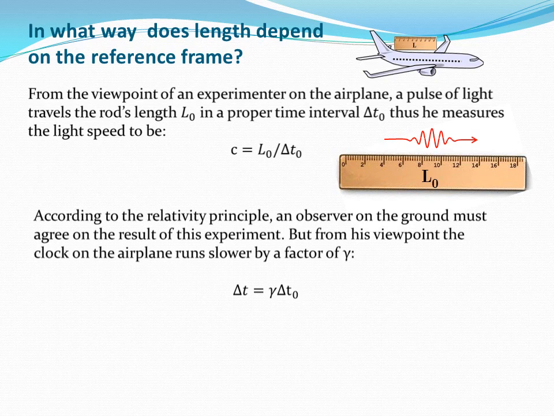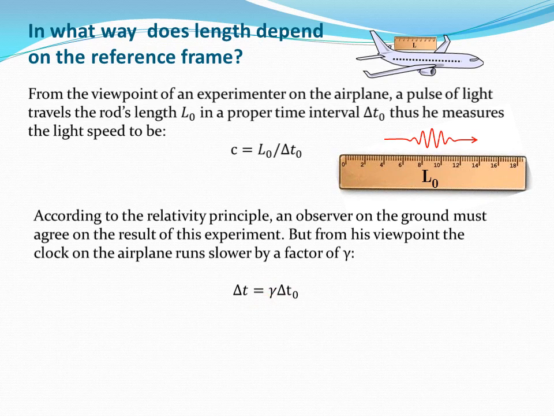But, according to the relativity principle, an observer on the ground must agree on the result of this experiment. Namely, he must agree on the measure of the light speed to be c on board the airplane. But from his viewpoint, the clock on the airplane runs slower by a factor of gamma, so that we have delta t equals gamma times delta t0.